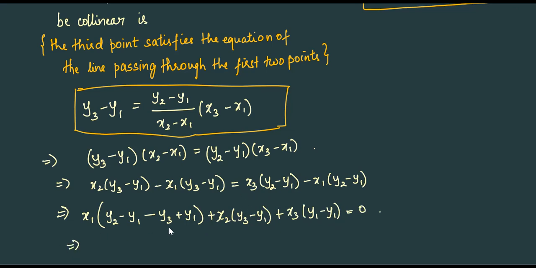This and this cancel. See the cyclic relation: x1 times (y2 minus y3) plus the next term. After 1 comes 2, after 2 comes 3, after 3 comes 1 in cyclic order. So the next term has x2 times (y3 minus y1), plus x3 times (y1 minus y2) equal to 0.